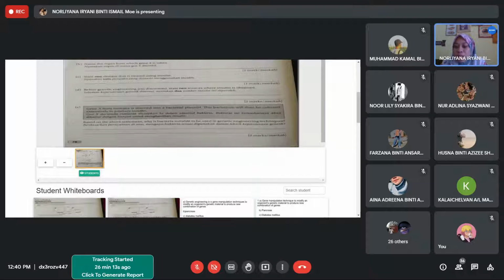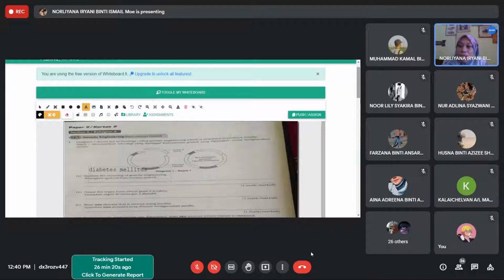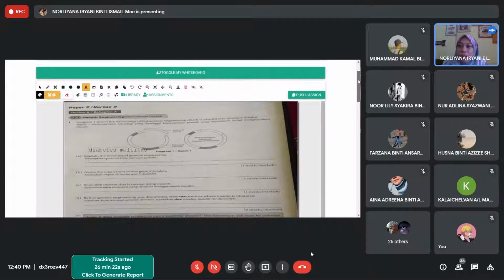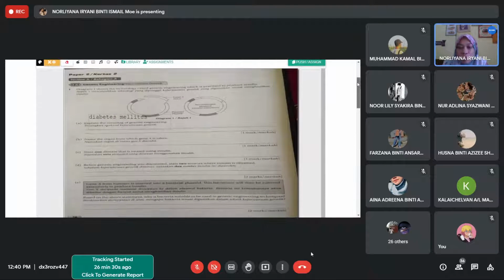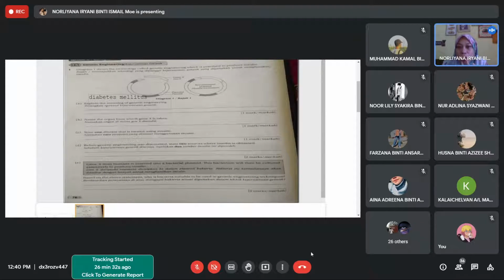So the biotechnologists came out with this new technology so that we can get the insulin from... what is it? Where do they do it actually?